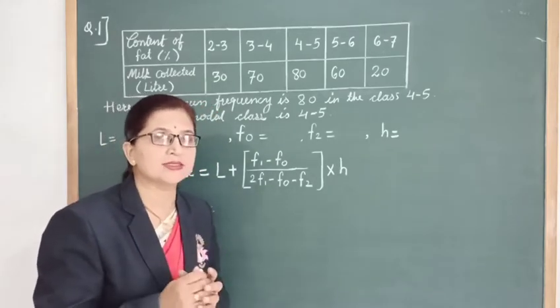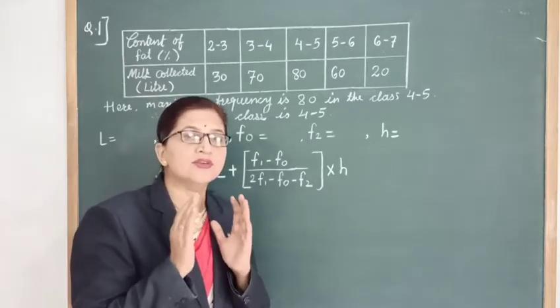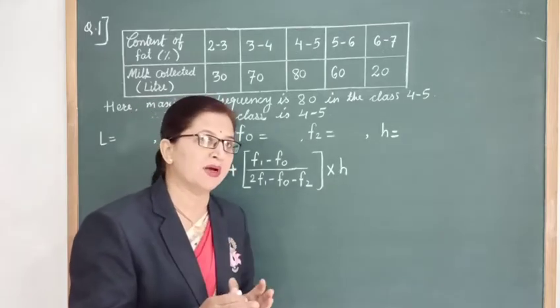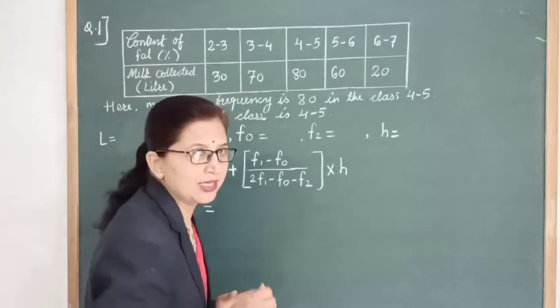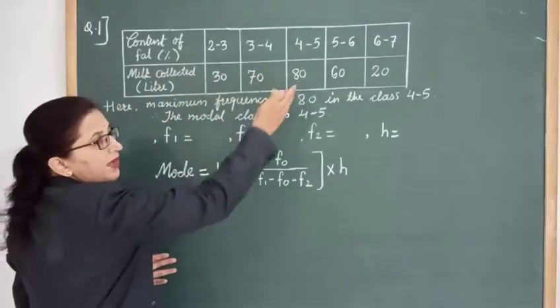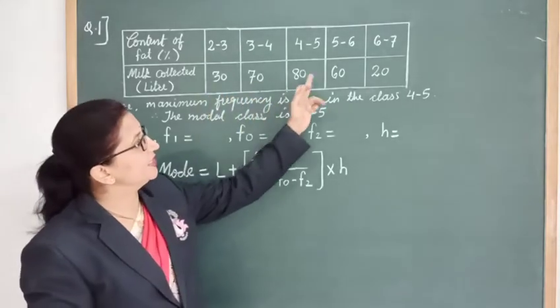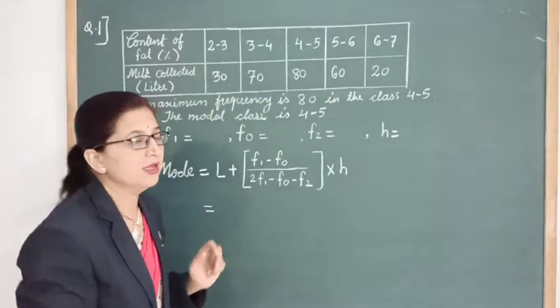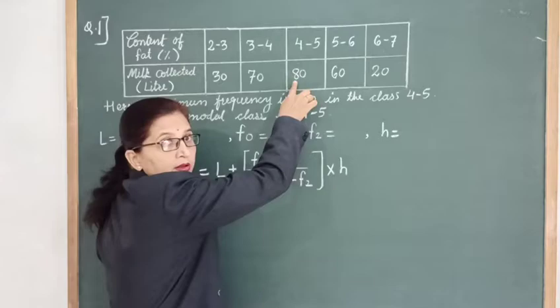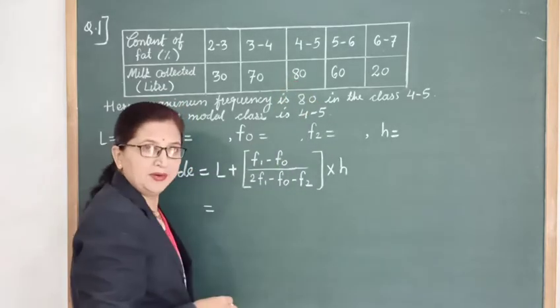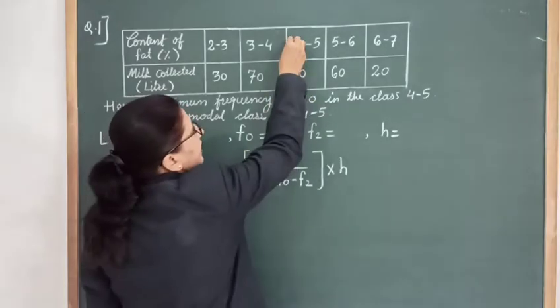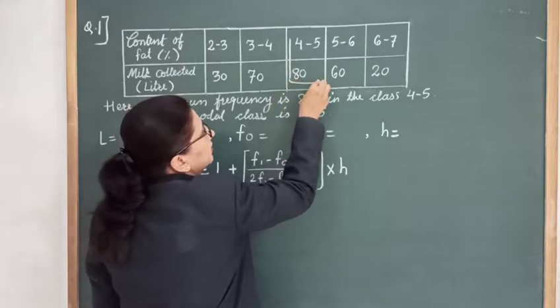What is the modal class? The class whose frequency is maximum is the modal class. In this table, see whose frequency is more: 30, 70, 80, 60, 20. Here 80 is the greatest number, so this one is our modal class.